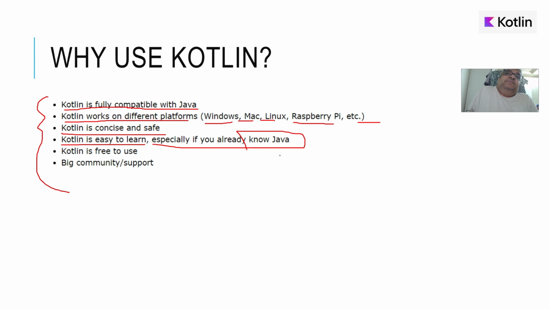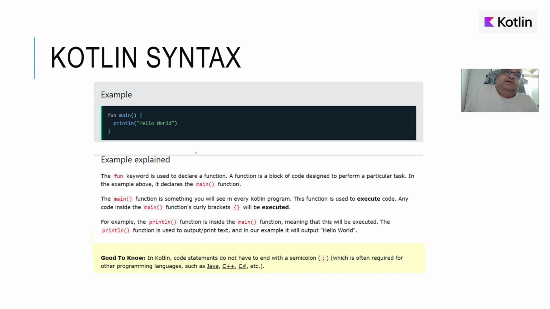Because we can use Java code in our previous libraries, anything written in Java can be used with Kotlin, so it's a little bit easier for you. It's free to use, and there is a big community and support available. If you face issues, there are helping hands there, right? These are some of the reasons to use Kotlin, and next we look at the very basic syntax.